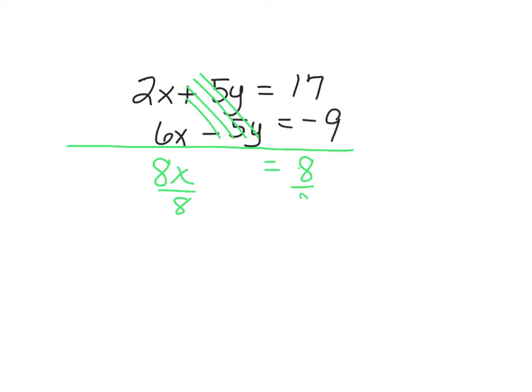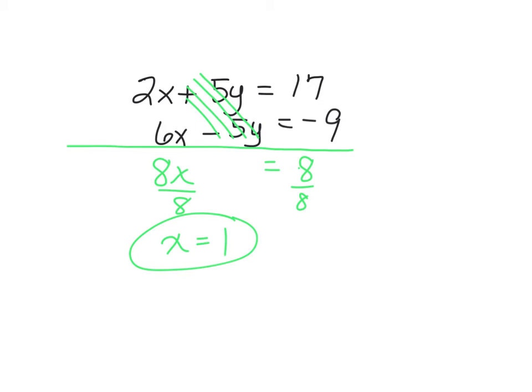We divide by 8, and x equals 1. That was really easy. This system of equations, both of those equations in standard form, it's tailor-made to do this method. Piece of cake. I do also, again, need to solve for y. So I'm going to put that 1 into either of those equations, whichever one looks easier. I'm going to get the same answer either way, because it's the solution, the intersecting point of these two lines.